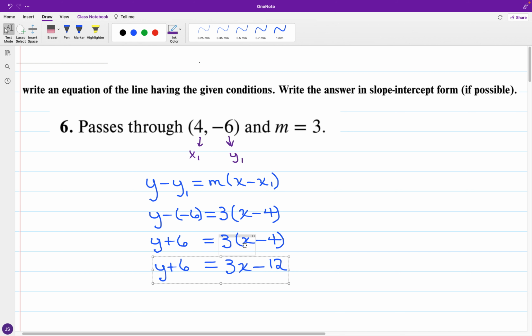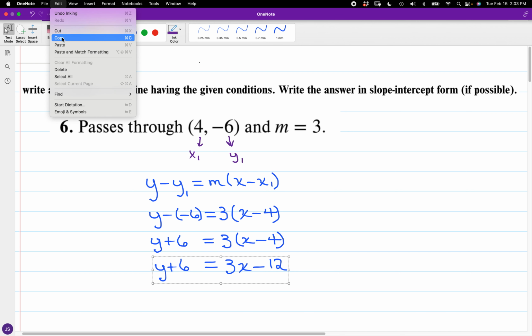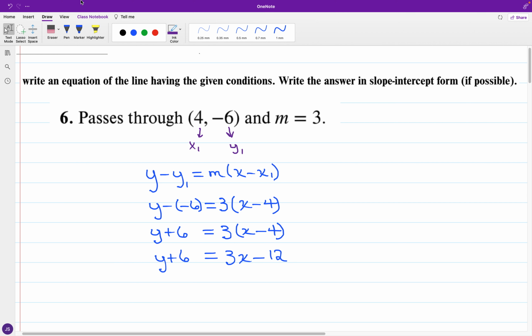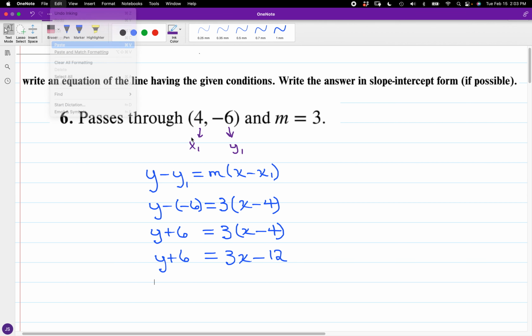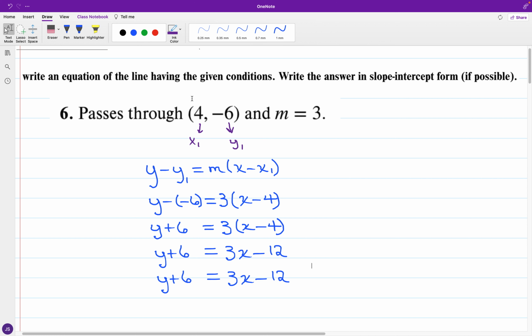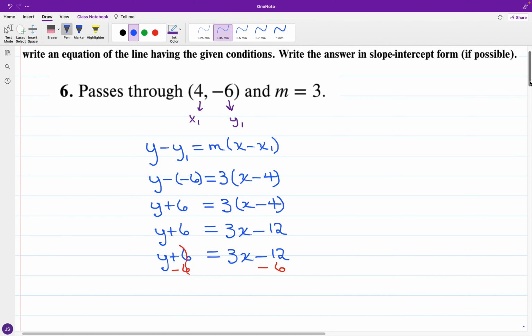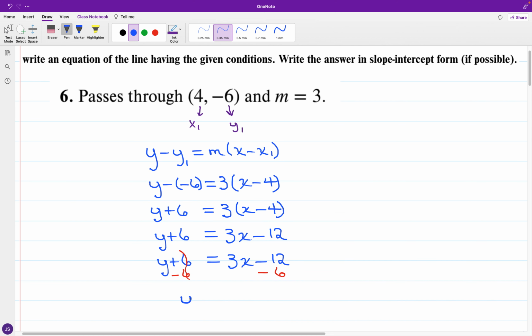And looking at isolating y, I'm going to take 6 away from both sides. And so for the slope-intercept form, we come out to y is equal to 3x minus 18.